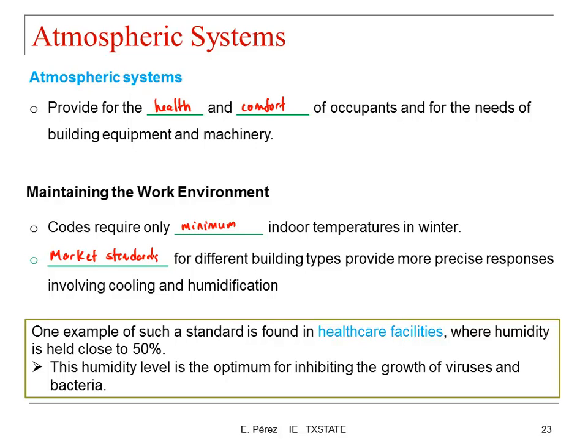One example, and I'm very familiar with this type of design, is healthcare facilities. Humidity is held close to 50%, and this is just to try to find the optimum level of humidity to inhibit the growth of viruses and bacteria. So that's one type of requirement.